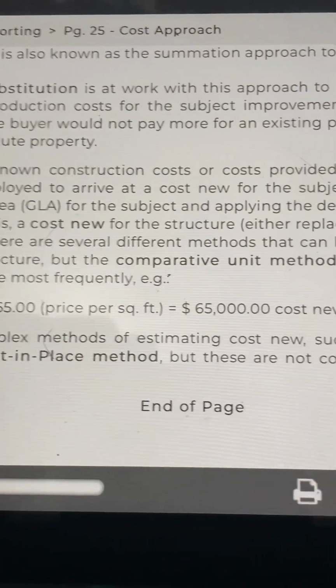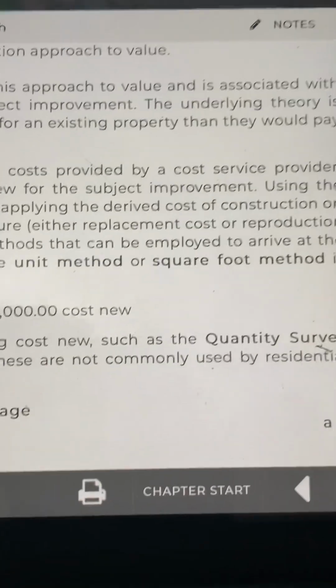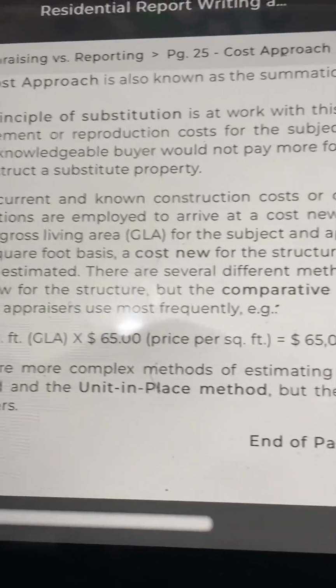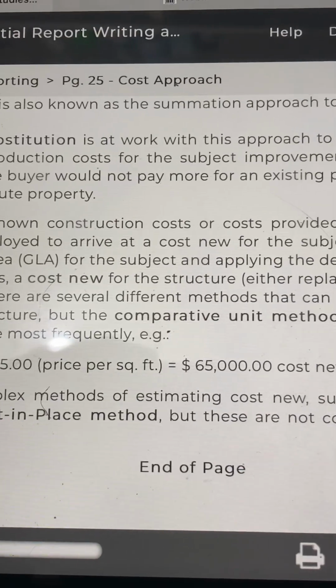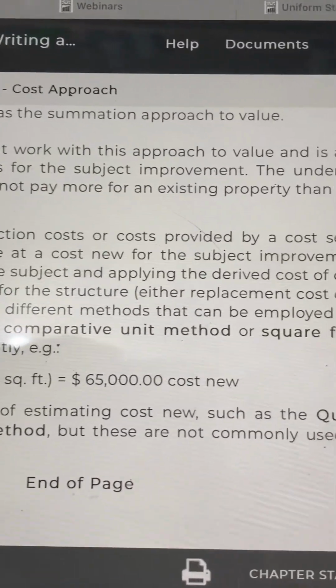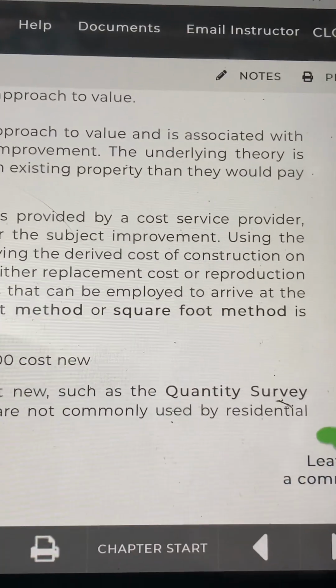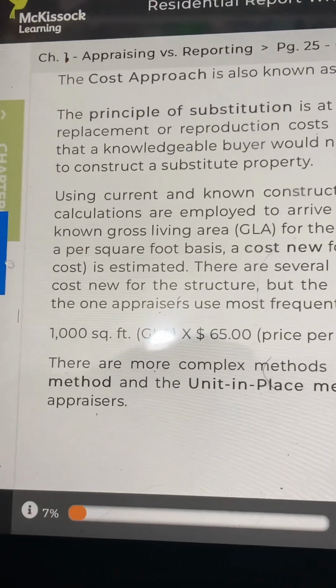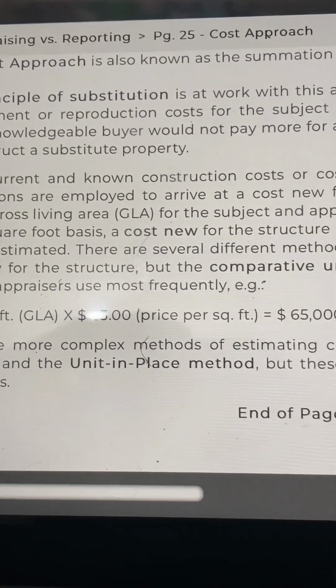There are several different methods that can be employed to arrive at the cost new for the structure, but the comparative unit method or square foot method is the one appraisers use most frequently.